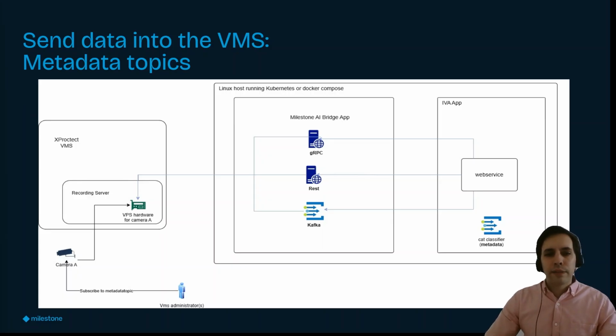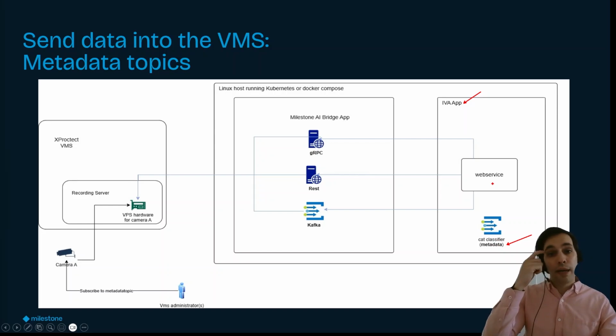All right, now let's take a look at a possible workflow involving the injection of metadata. As we can see here, we have a simple application that exposes one metadata topic called cat classifier. It could be using ONVIF or DeepStream Minimal, for example.